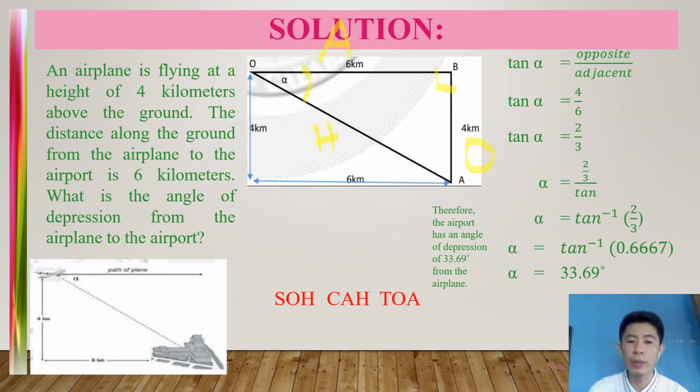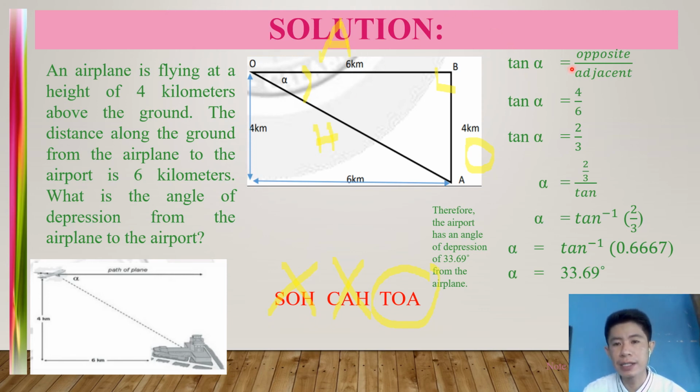So we will look for the trigonometric function that can be used in solving this problem. The first one is the sine. Sine is opposite over hypotenuse, so we can't use that because there's no value for the hypotenuse. Same with the cosine. There's no value for the hypotenuse. So we will use TOA. Tangent theta, or tangent alpha, is equal to opposite over adjacent.